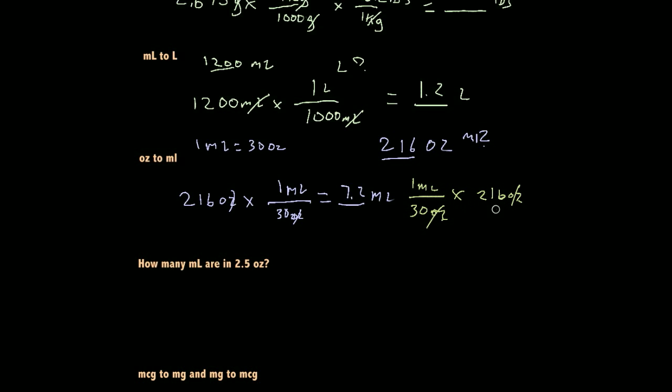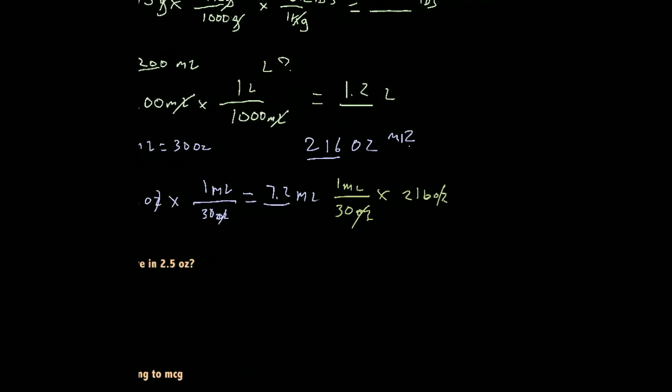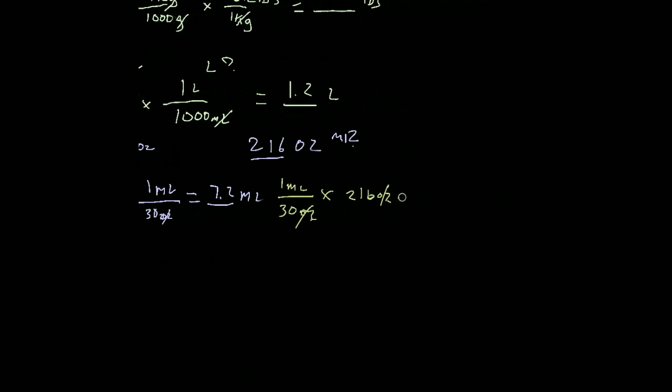I'm still going to be left with milliliters, and that's still going to equal blank milliliters. It's still going to equal the same amount, 7.2 milliliters. So it works out the same way no matter how you set the problem up.